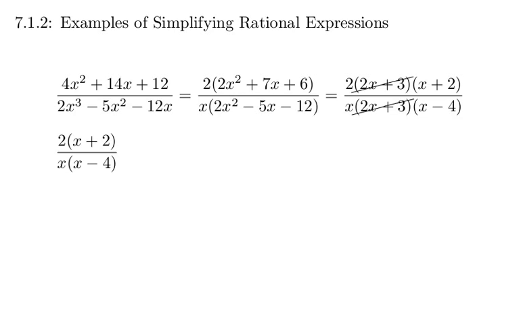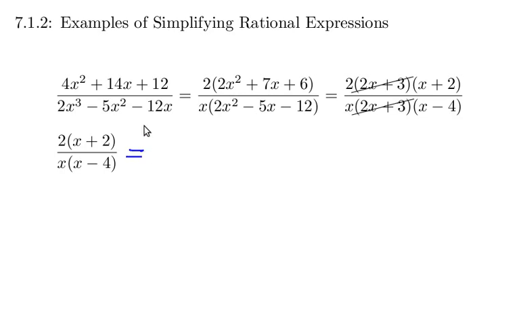Now, to be completely technical, once we get it to this point, to have it in the most simplified form, we still want to go ahead and multiply this out. That being said, you're not going to lose any points if you don't. For this specific problem, it's okay to leave it in this form without distributing the 2 to the x plus 2 and the x to the x minus 4.